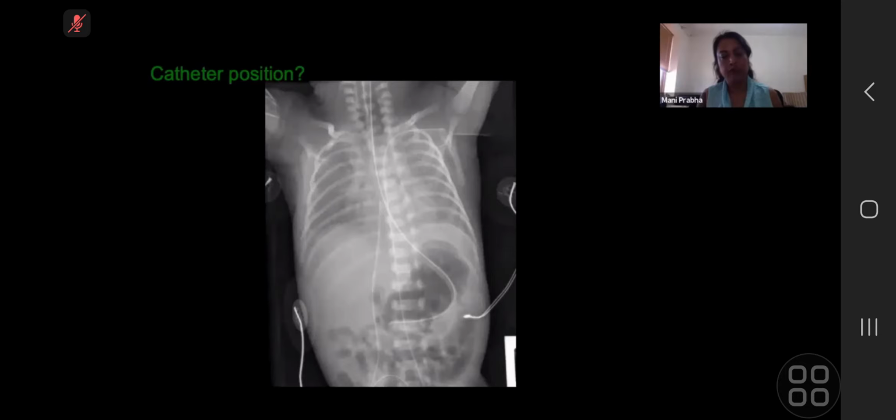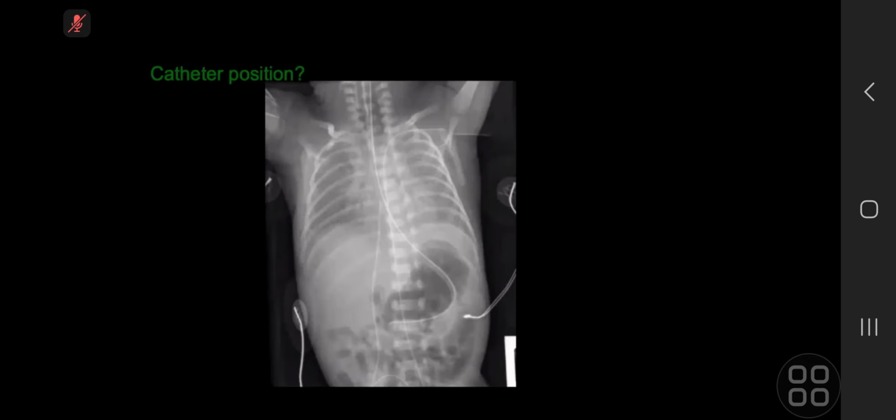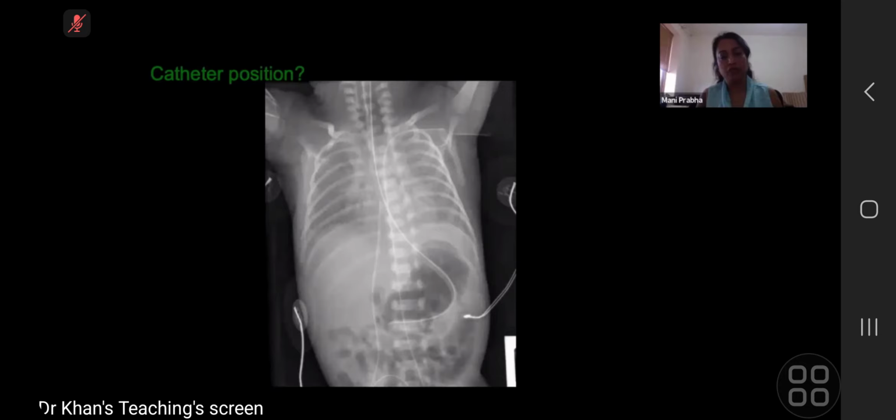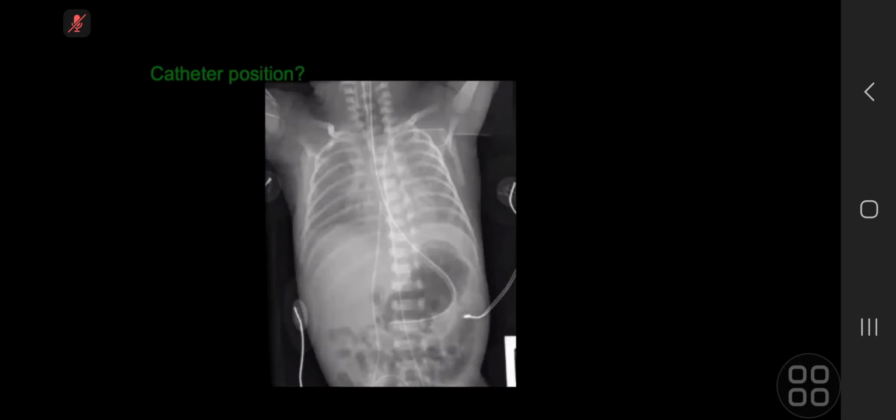And the straight line, which I can appreciate, is the umbilical venous catheter, whose upper tip is in the left subclavian artery or vein. Lovely, wonderful. So I will definitely tell the clinical team that's a malposition, and it should be retracted back to the normal position.